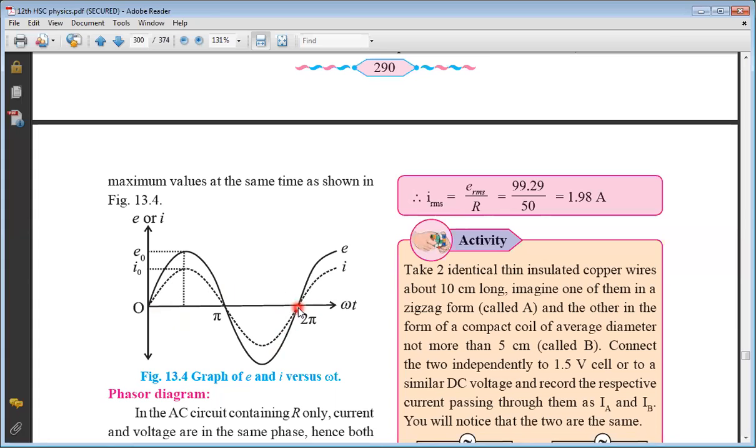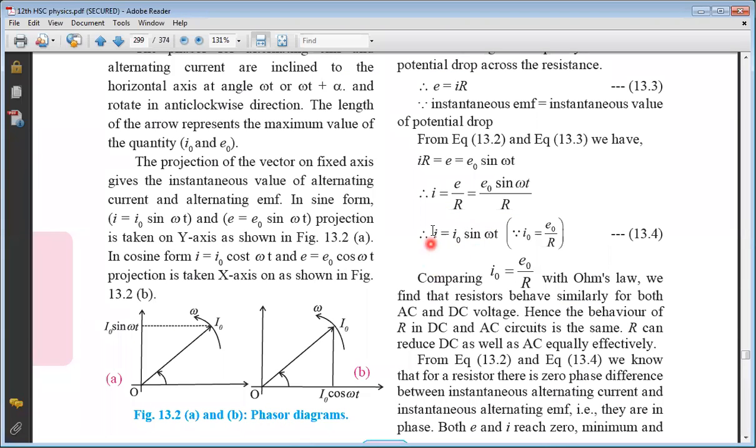Because of the similarity in expression, we see the same variation in instantaneous current. When coil is at 0 degrees, sine 0 is 0, current is 0. When coil has turned through 90 degrees, sine 90 is 1, instantaneous current is I naught. When coil has turned through 180 degrees, pi, sine pi is 0, instantaneous current is I naught into 0, which is 0.